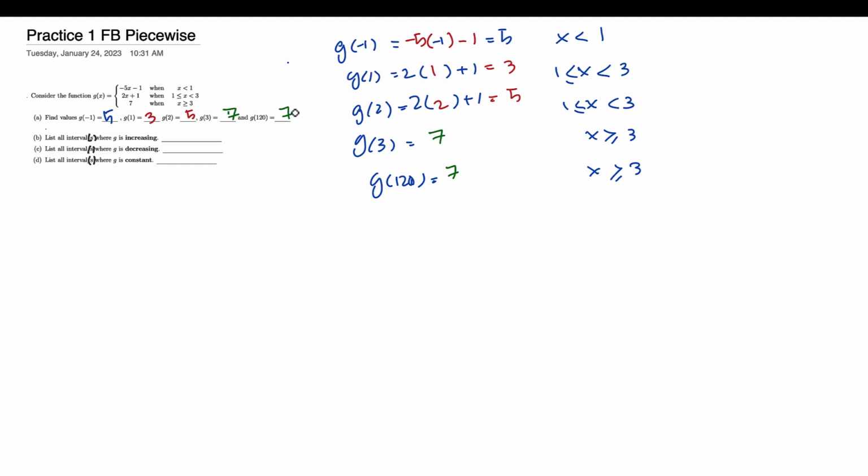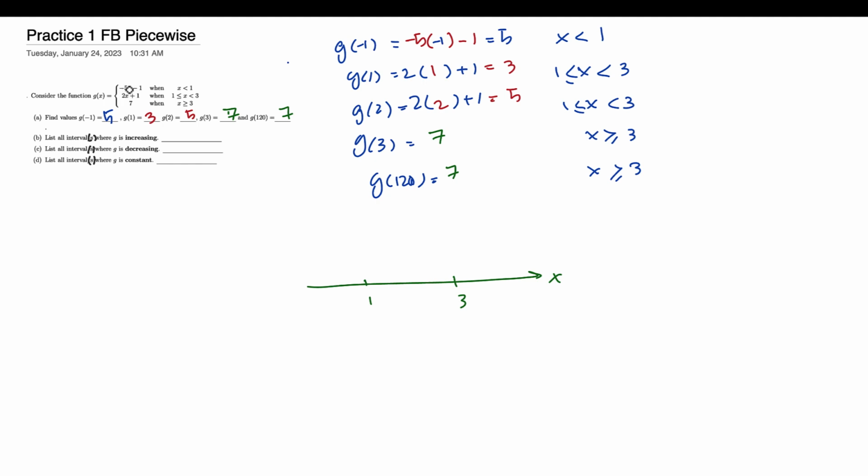Now, approximately speaking, if I have divided the x axis by the cutoffs here, 1 and 3, before arriving at 1, basically, the function has a slope.